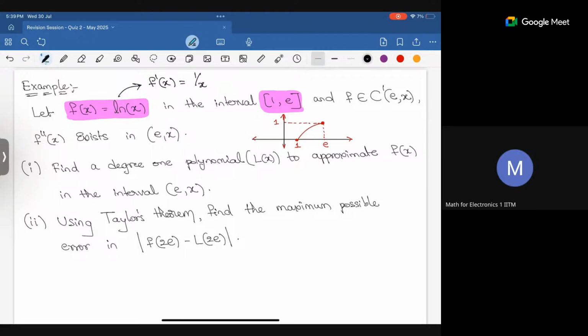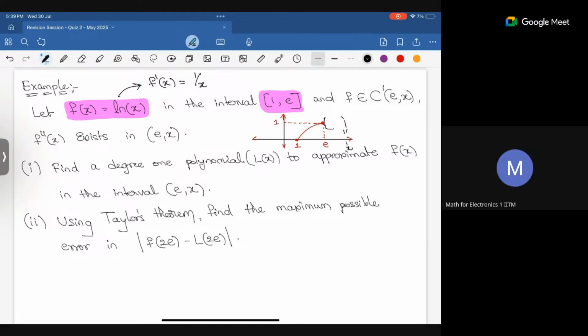So this is f of x for us, and we were asked to find a degree 1 polynomial, which is L of x. That means they are asking us to find the linear approximation to approximate f of x in the interval e comma x. So we have been given the function till e, and they were interested in approximating this function in this interval, e to x. So what happens to the function after e?